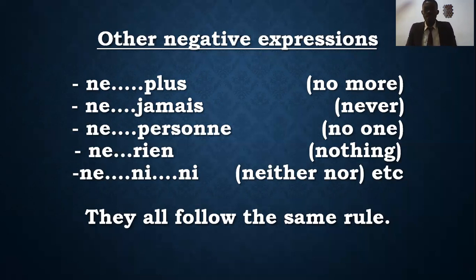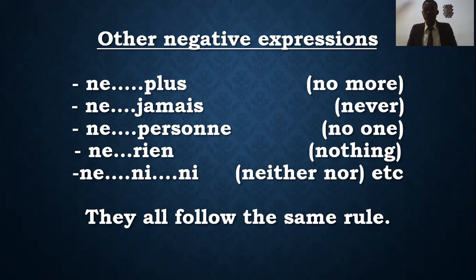I eat neither gari nor beans. Haricot is beans. Je ne mange ni gari ni haricot. I eat neither gari nor beans. So these other expressions, which are negative expressions, all follow the same rules that we have spoken about.